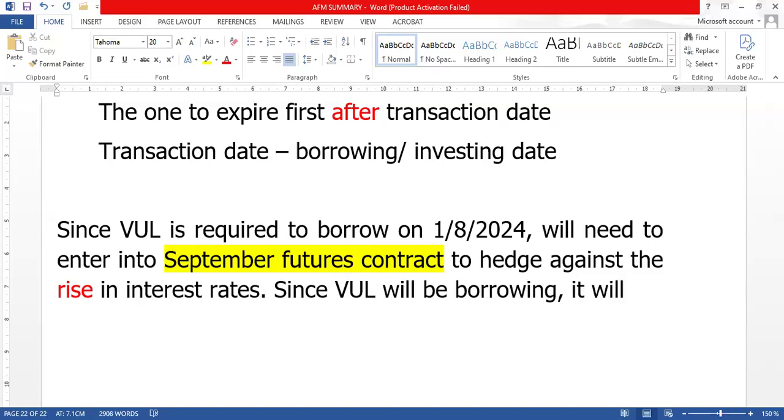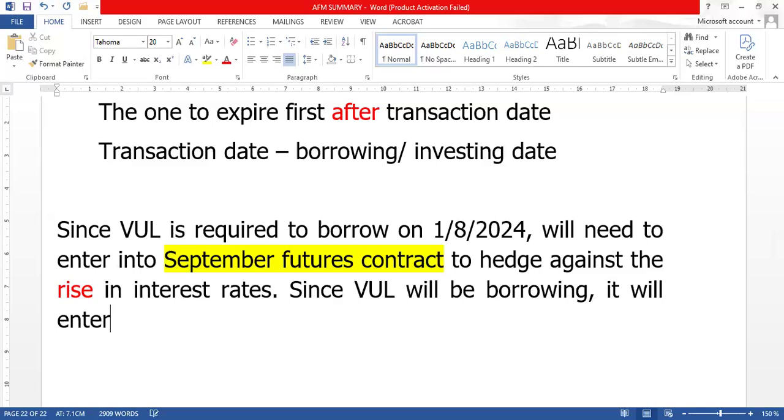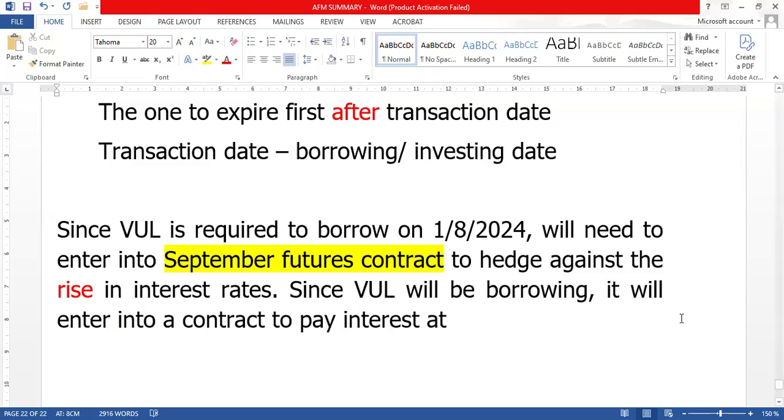Is it good to use it? It will enter, or they will enter. Which one is suitable? You guys who studied in good schools, which one is good to use here? It will enter into a contract to pay interest at what?